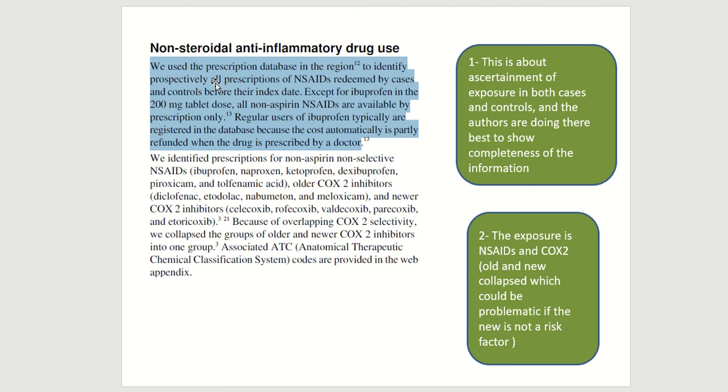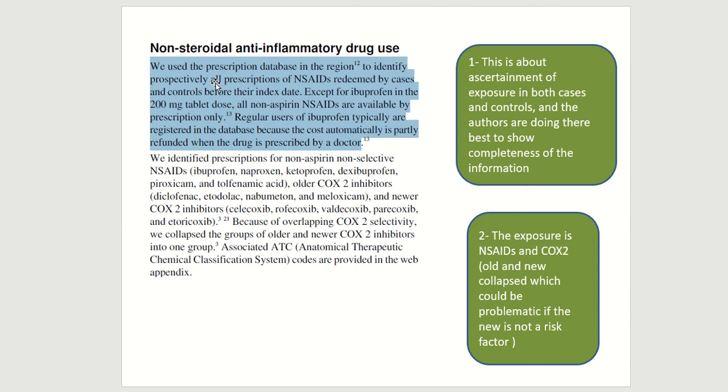And since the controls are matched to the cases using the risk set methodology, then this index date of the case applies for the matched controls. So if I have a case that became a case in April 2002, that's the index date of the case. So I have to make sure that the drugs that they were taking, meaning the NSAIDs, they took before April 2002.